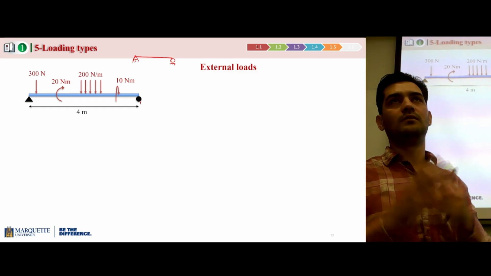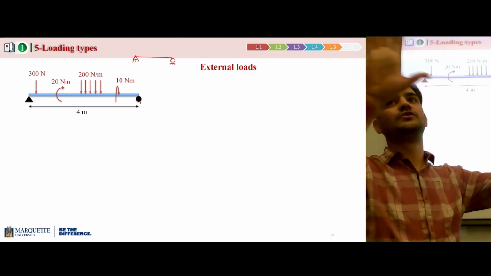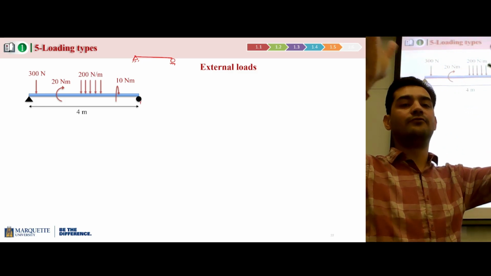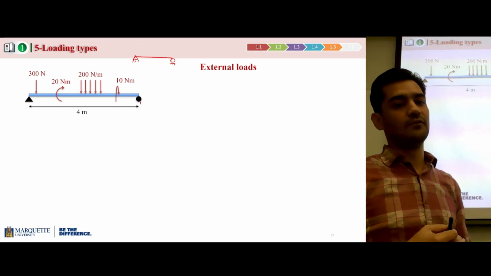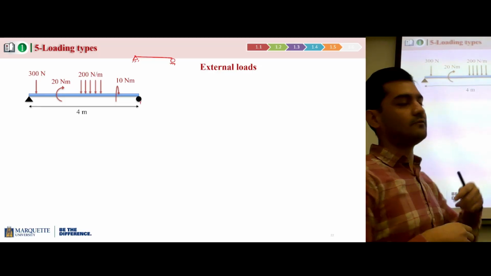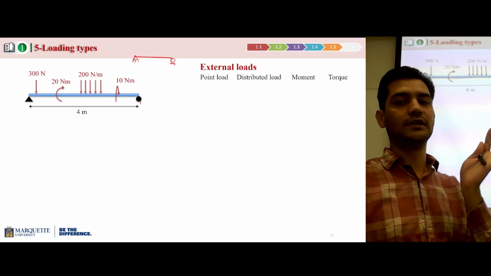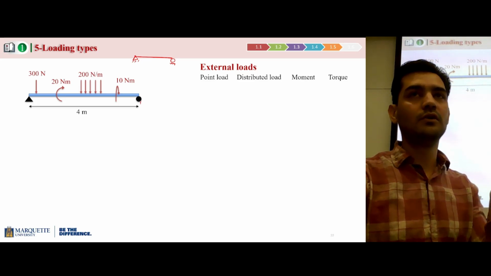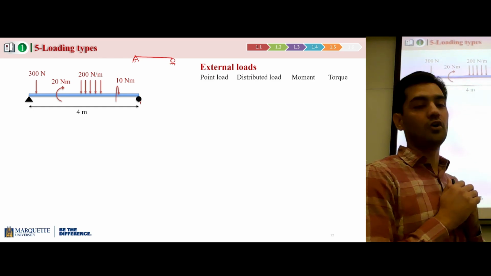So for example, if you have a building, you have a roof, you have snow, the snow applies force onto the roof. That force is called an external force. I've highlighted all these external forces in red. There are four kinds of external forces. You have a point load, a distributed load, a moment, and a torque.